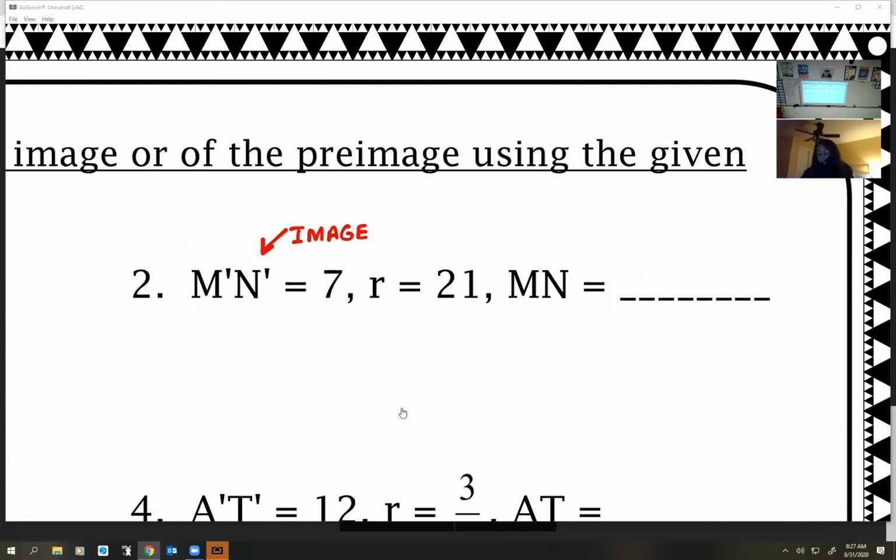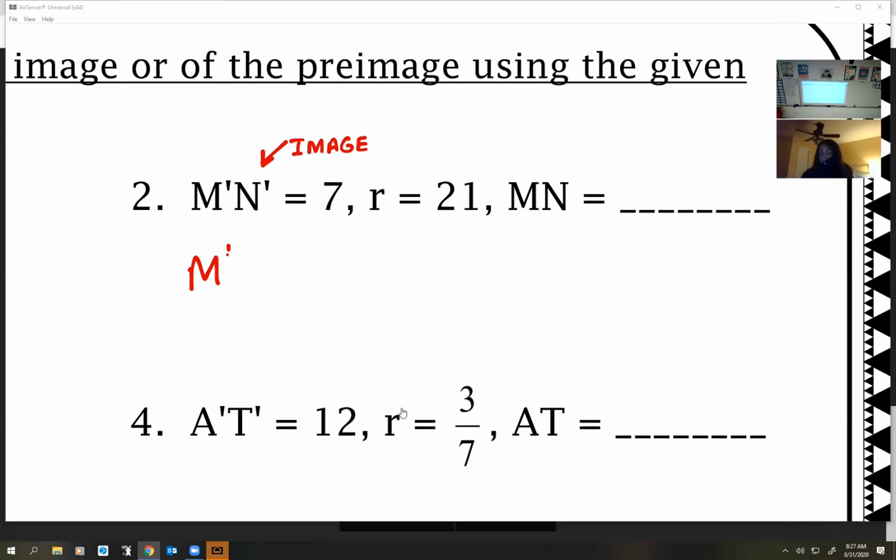What was our formula before? We would say M prime N prime equals what? What does M prime N prime equal? The absolute value of our scale factor times our preimage.